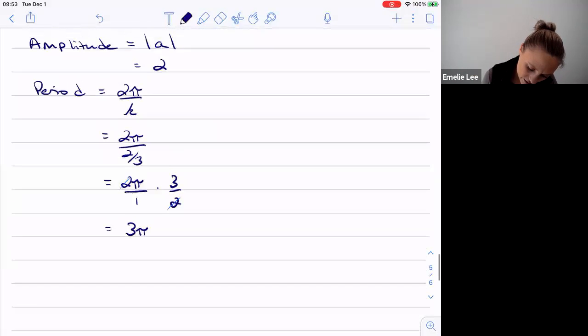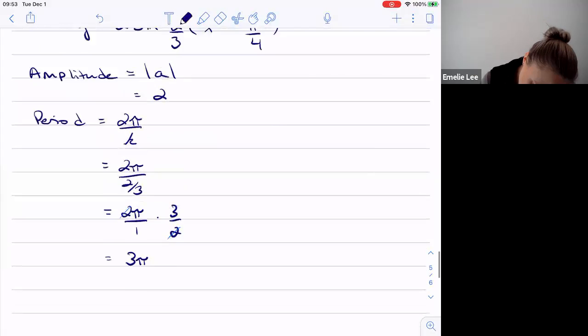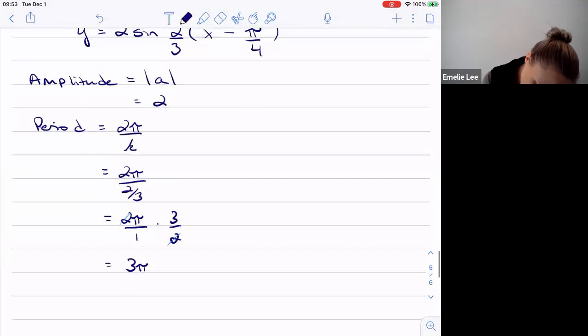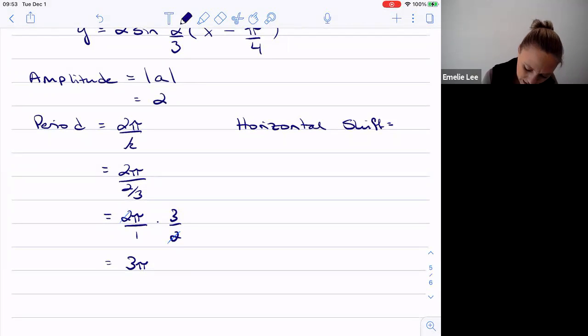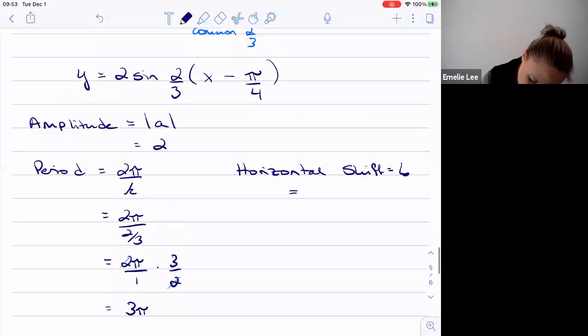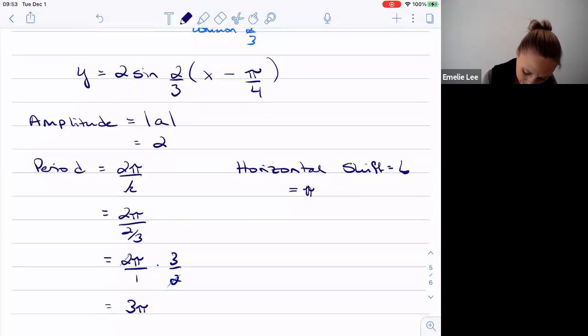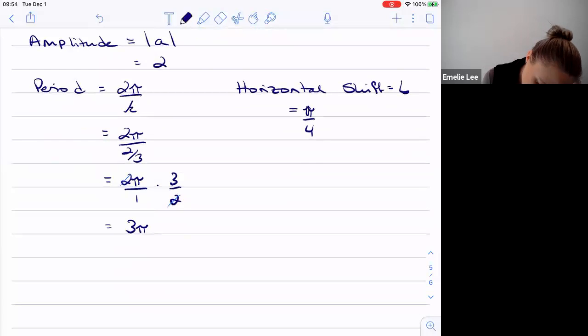And let's see here. Oh yeah, the horizontal shift, I'll put it here so I'm not taking up a ton of space, is B, which in this case is pi over 4. Meaning we've shifted this whole thing, the sine curve, over pi over 4 units.